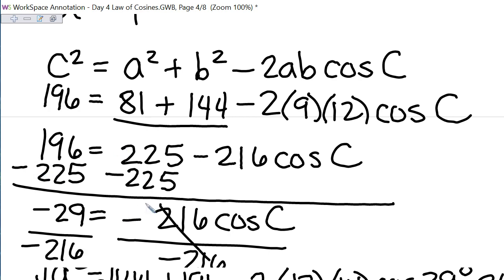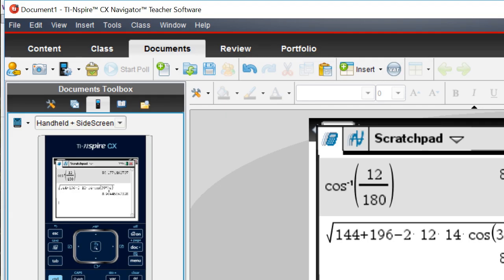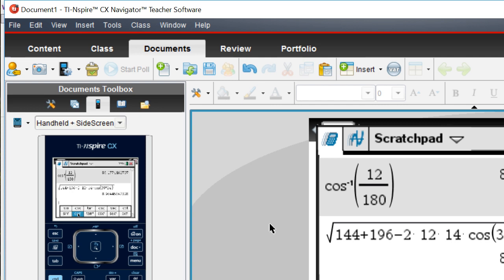So that gives us cosine of angle C is equal to, a negative divided by a negative becomes positive, 29 over 216. This is an arc cosine value, so make sure you do inverse cosine in the calculator. When you do inverse cosine, was it 29 over 216?